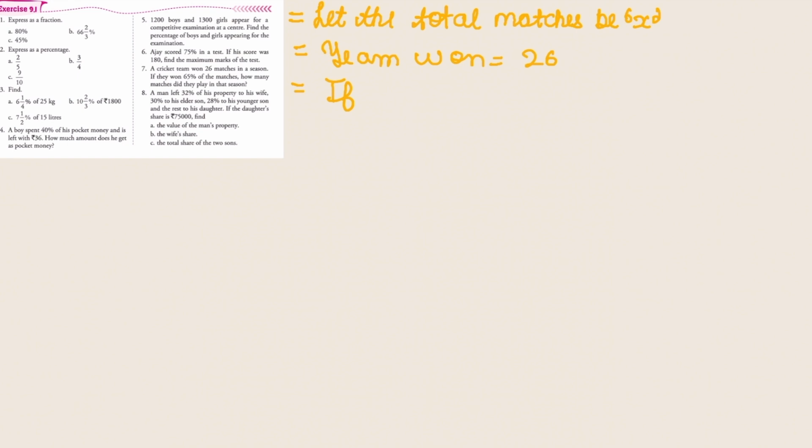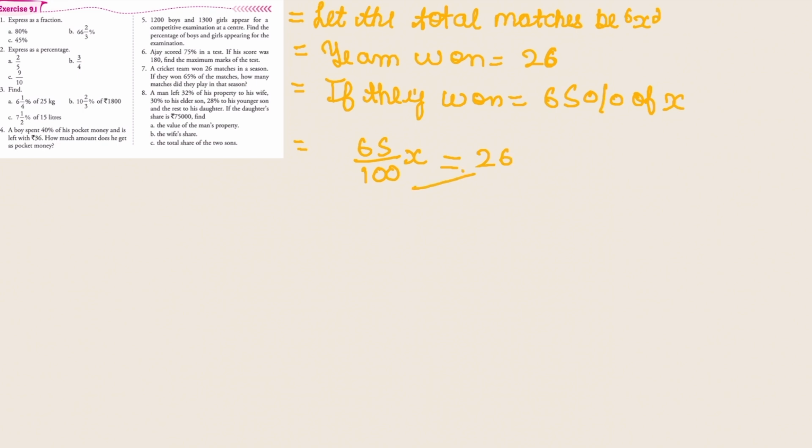If 26 was 65% of X total matches, then what is the total number of matches? How many matches did they play in that season? So 65% of a number is equal to 26.